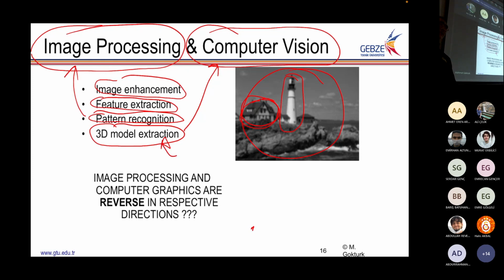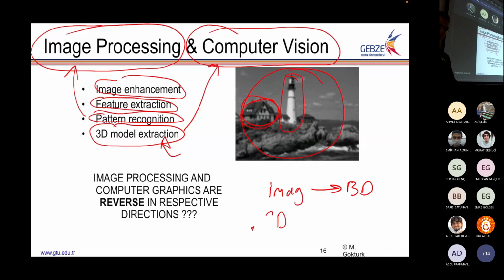What is computer graphics then? Computer graphics does not have photographs, does not have real life objects. Computer graphics creates what is unavailable. Okay? You have an image, and when you go to a three-dimensional model, this is computer vision.